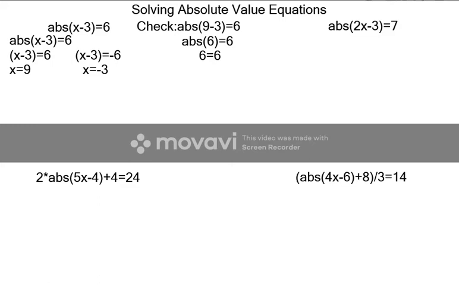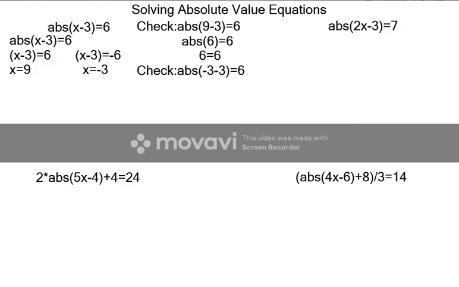Let's do negative 3 just to show that we did it correctly. I'm just going to do it on this question so you guys know how to do the check part; the other questions, feel free to do it on your own. So, check: absolute value of negative 3 this time, because we're using the second answer, negative 3 minus 3 equals 6.